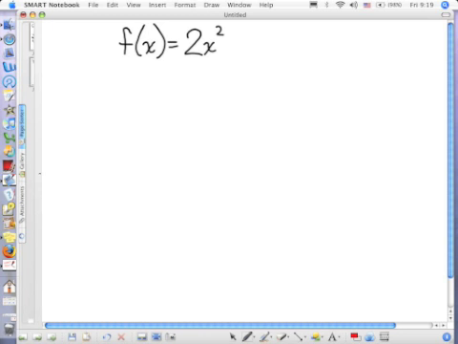Okay, the first thing is, how does this function open? How do we know it opens up? Because the x squared term is positive. All right? The axis of symmetry can be found by what?